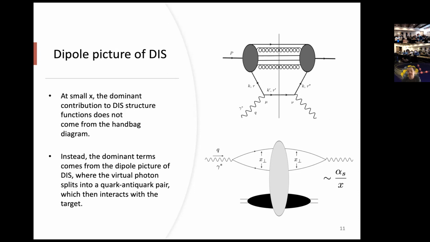Our alpha_s unfortunately doesn't get too small, but if x is less than, say, 10 to the minus 2, which is a usual threshold for small x physics, then alpha_s over x is still much larger than 1, and the second type of diagram is enhanced compared to the first one. So deep inelastic scattering for us would be a scattering of a dipole on a target rather than a handbag diagram like this. Any questions, concerns?